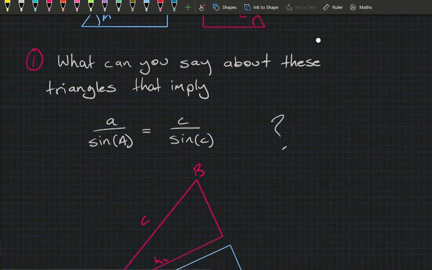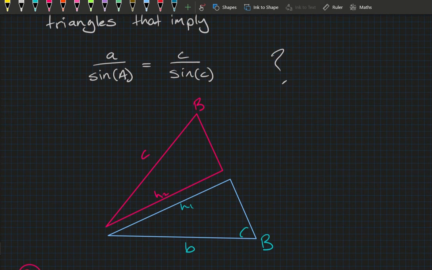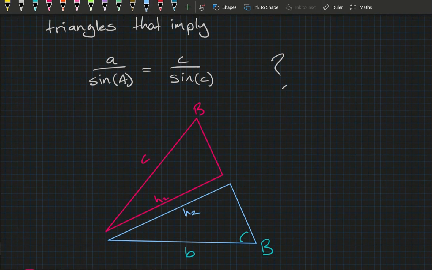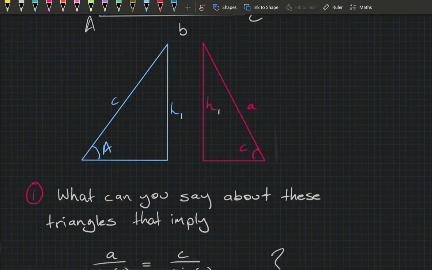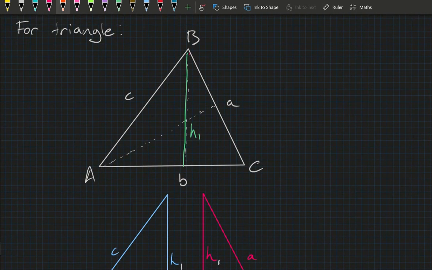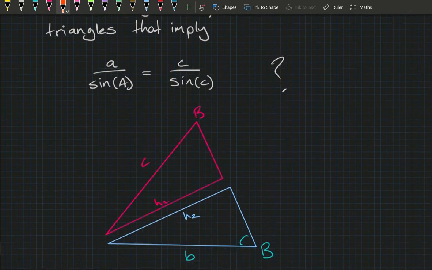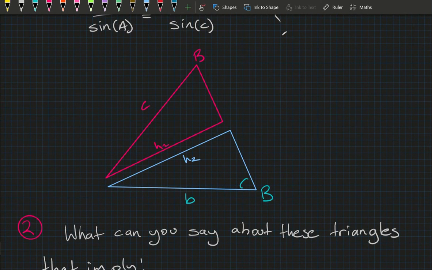The second part of the sine rule is redrawing this. I've written that number wrong there, by the way. That should be H2. So if I go back to the picture, I'm going to name this one here H2. And so I've drawn the triangles on that angle.